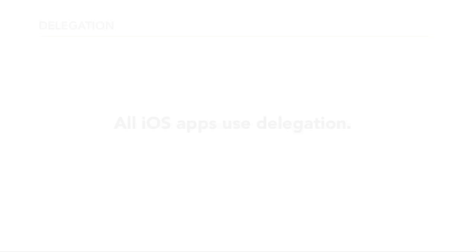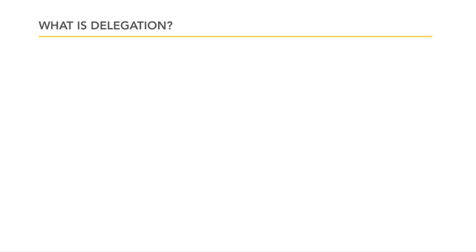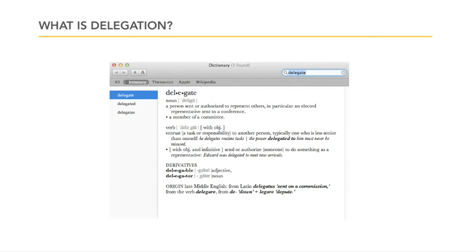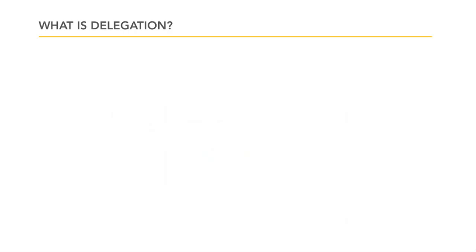So a delegate in iOS development is really like the idea of a delegate in real life, a delegate in politics or in business. It's someone who acts on behalf of someone else. And to delegate is a formal way that one person hands off responsibilities to another person. Now, for us developers, it's a formal way that one object hands off work to another object.